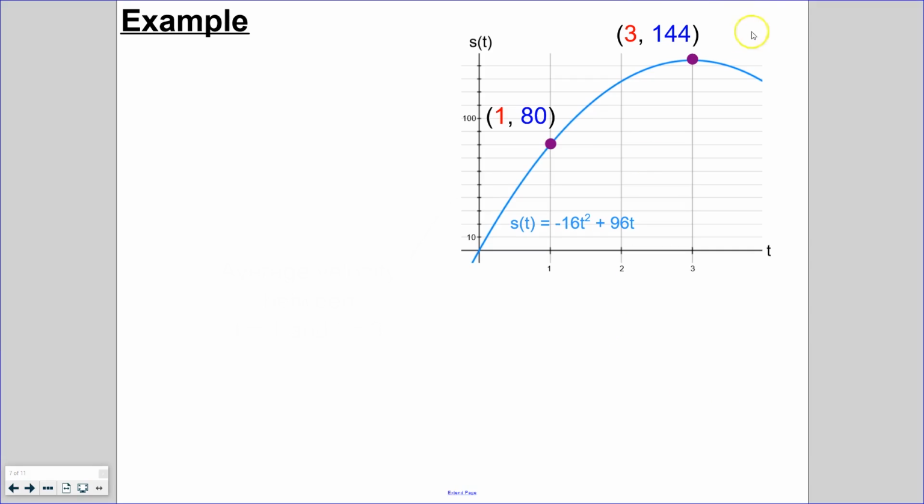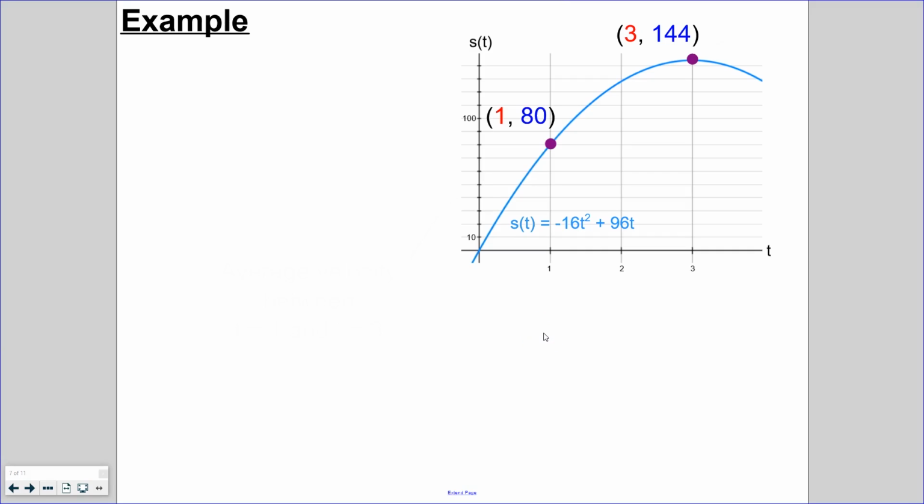All right, so again, this is our graph of our function, and we did find the average velocity between these 2 points. And remember, I just want to recall that average velocity, we said, is the slope of a linear line. So on this graph, I don't really see a linear line here. I see a curved line. So what did we actually find the slope of?